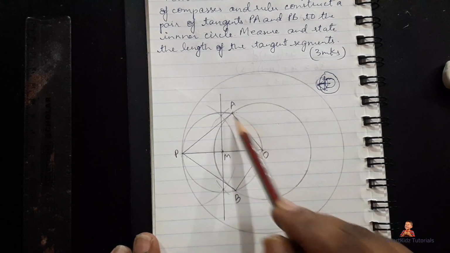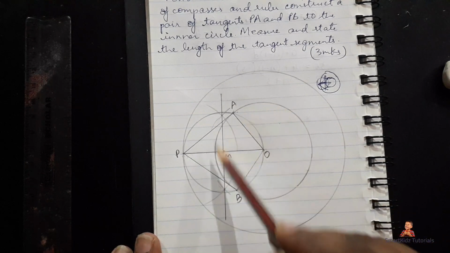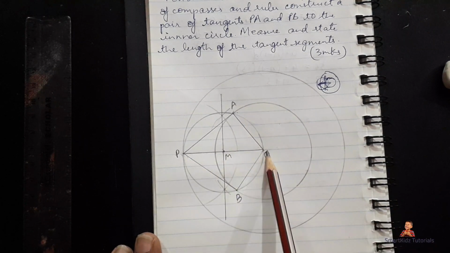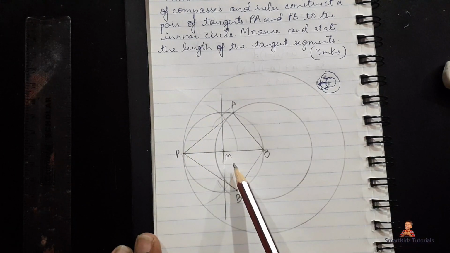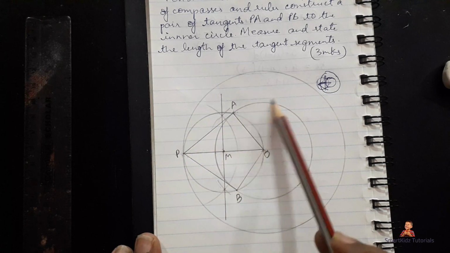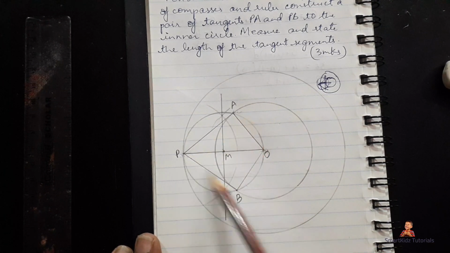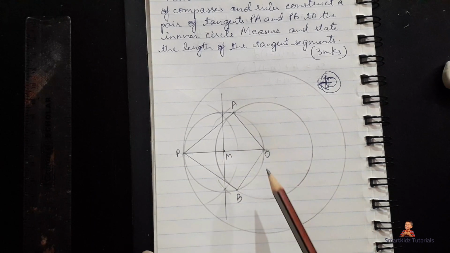Similarly, AO, or OA, we may call it, or OB. These are radii of this inner circle. OP becomes the radius of the outer circle. And we have drawn tangents to the inner circle. This PA and PB are actually tangents to the inner circle. That is what we were asked to draw.